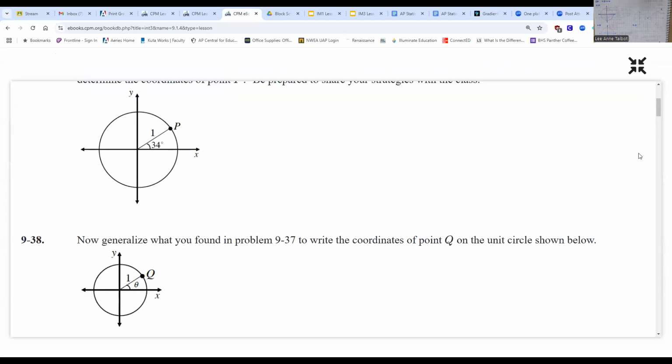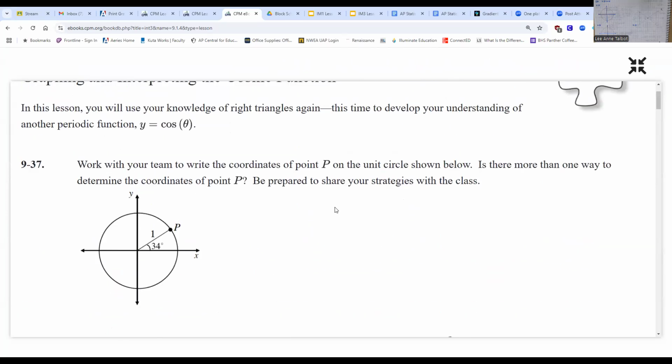Okay. Number 37. Work with your team to write the coordinates of point P on the unit circle shown below. Is there more than one way to determine the coordinates of point P? Be prepared to share your strategies with the class. I'm just going to do it with you, but if you could draw that, please, in your circle.